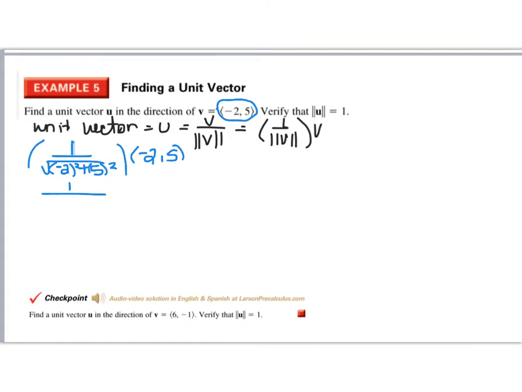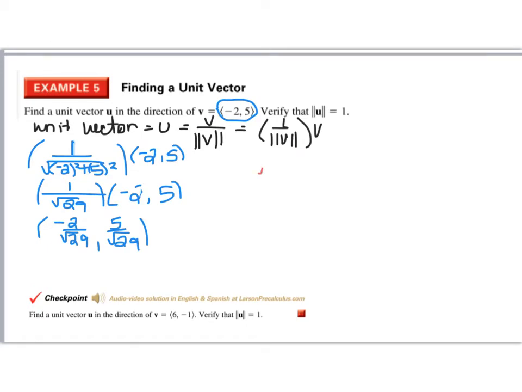So this is equal to 1 over the square root of 29, and we're going to multiply that times -2, 5. So what we end up with is -2 over the square root of 29 and 5 over the square root of 29.